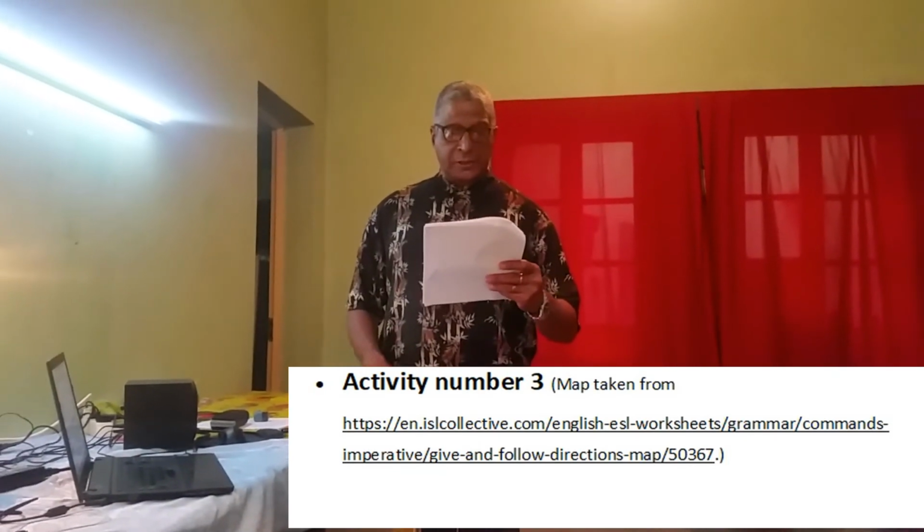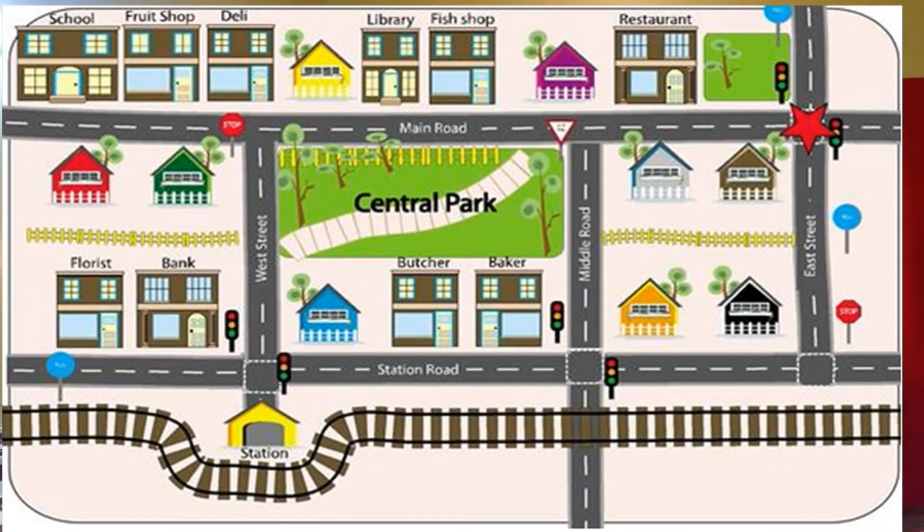Now, we are going to use a map. You are going to do it in pairs. You are going to use this map here. So I will give each pair a specific location on the map where you are supposed to be imaginarily, and another point of the map where you imaginarily are going to go.